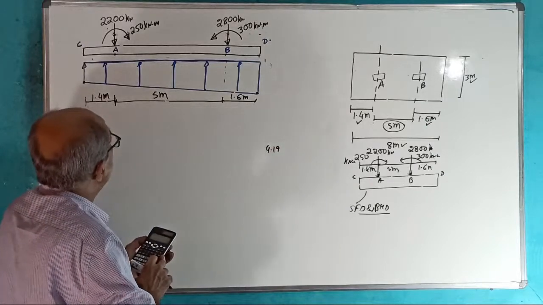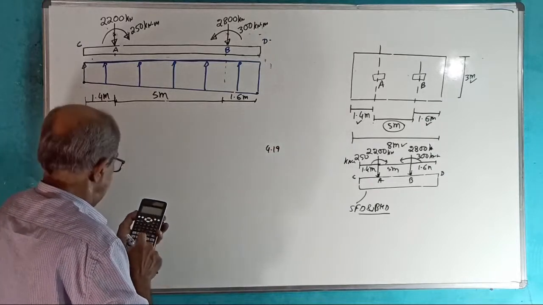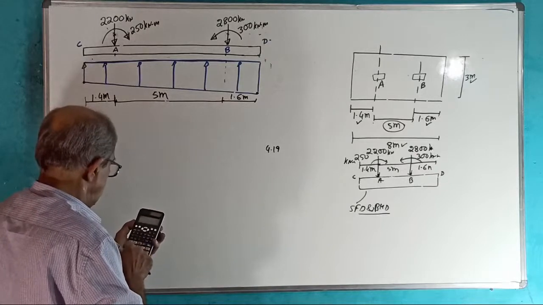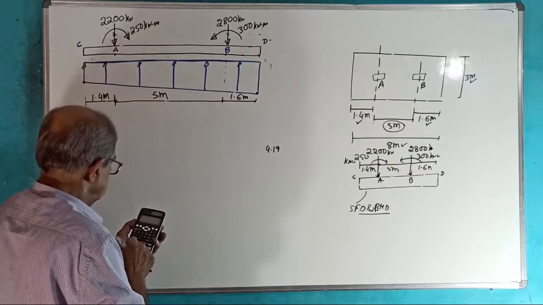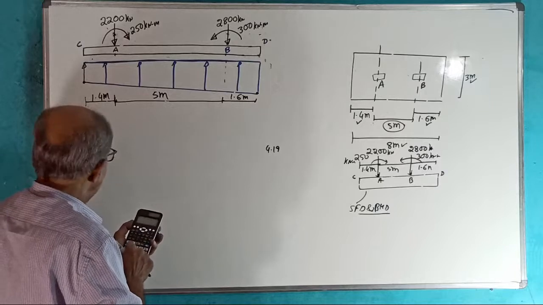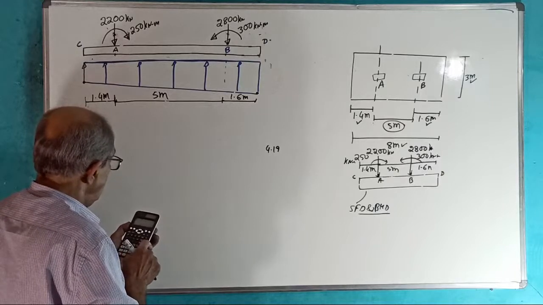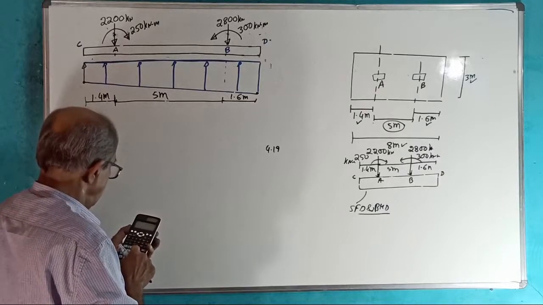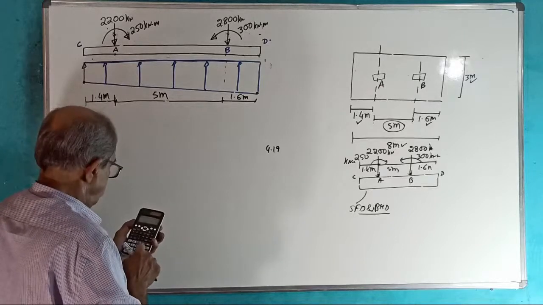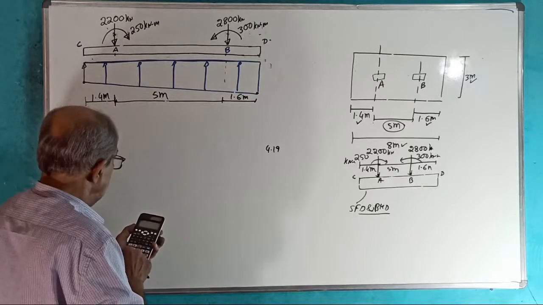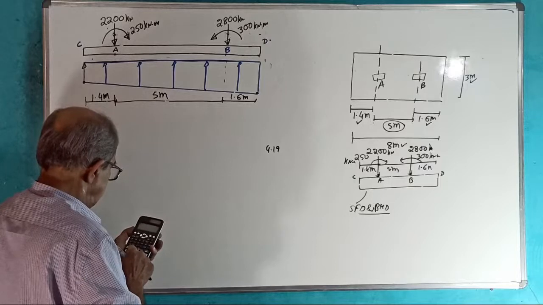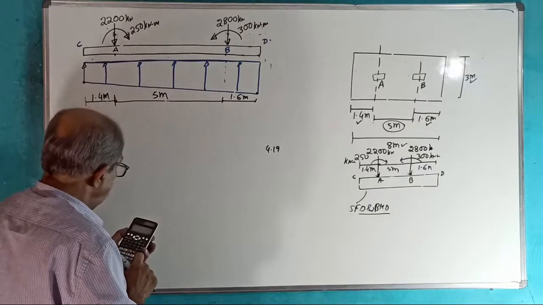If it is 4.19 meter, I am getting a doubt now. One minute. 2200 into 1.4 plus 2800 into 6.4 plus 250 minus 300, divided by 5000 is 4.19.